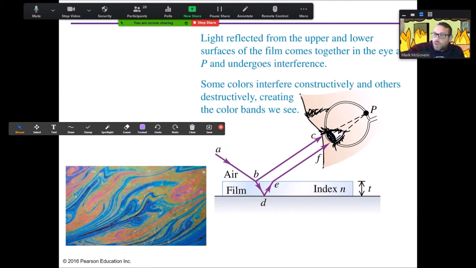Sometimes when things are coated with a transparent material, you might see this a lot on street signs, because they coat street signs with a very thin transparent material. You can see this with eyeglasses too, unfortunately. And what you're seeing is this. When light becomes incident upon a surface with a thin film on it, like in the picture, this would be a film of oil.